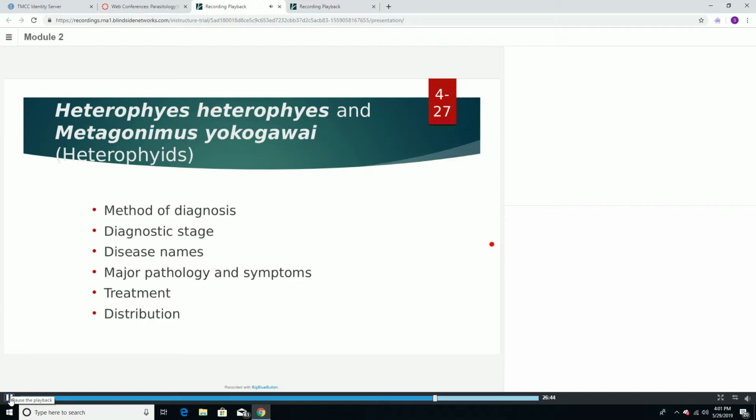Metagonimus yokogawai is found in Asia or Siberia. These parasites are primarily found in dogs, cats, and other fish-eating mammals. So human infection is a zoonotic infection. So it's not very common for humans to get infected. Eggs can travel to the tissues and cause granulomatous or tissue disorders. And Heterophyes has a third sucker around the genital opening.